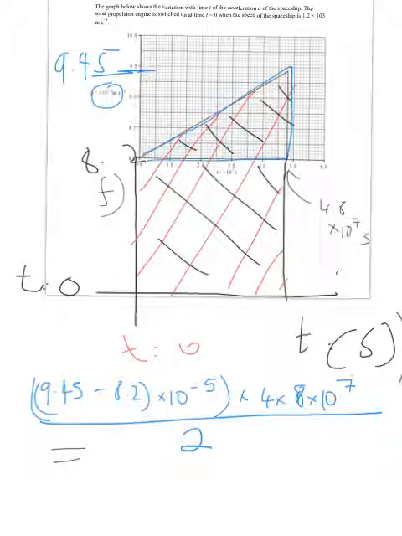So let's see what that comes out to be. Okay, that should be 300 meters per second. But there should be a decimal point. I don't know why I wrote a multiplication sign. It's 4.8. Okay, so that's 300, but that's the triangle.